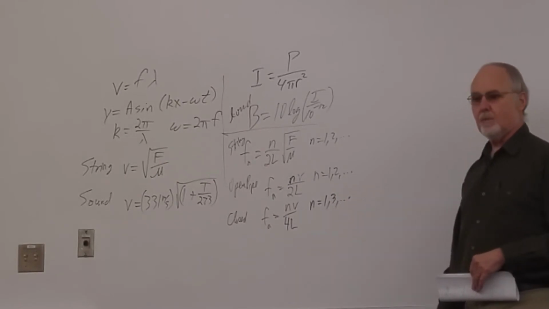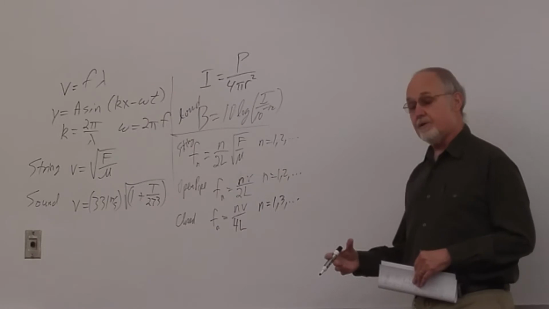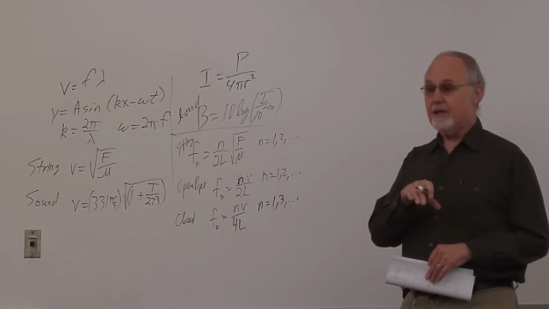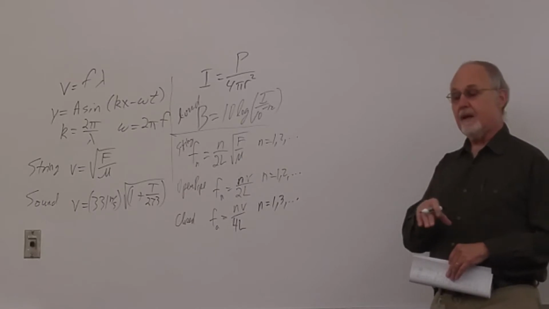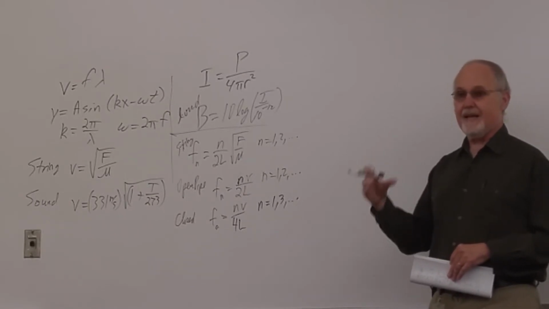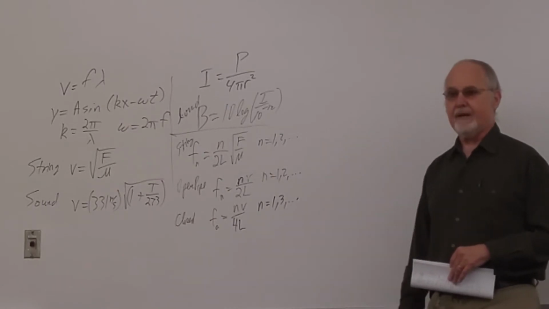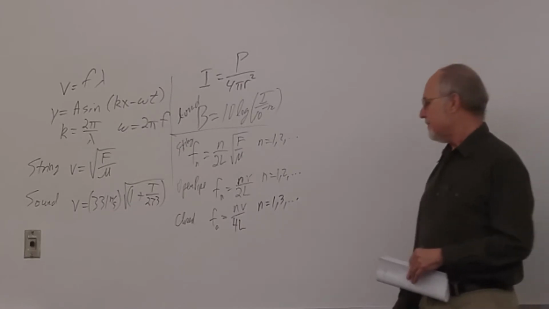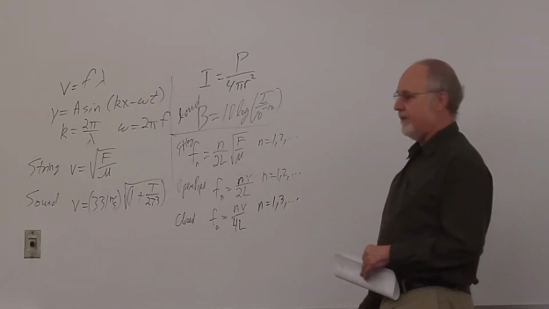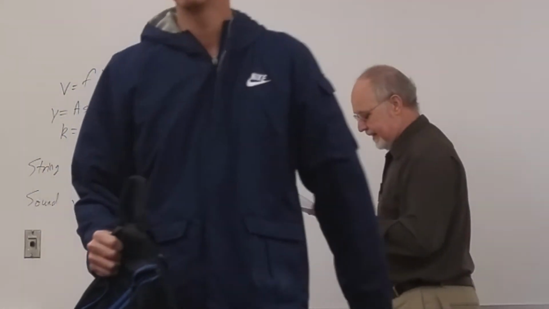These were the quarter wavelength type segments, because for a closed pipe, the closed end had to have a node for the standing wave, and for the open end, you had to have an antinode. From a node to an antinode is a quarter of a wavelength, and then it depends on how many other half wavelengths you have. And so those were the standing waves in various pipes or strings.